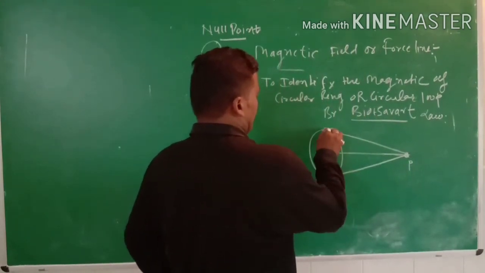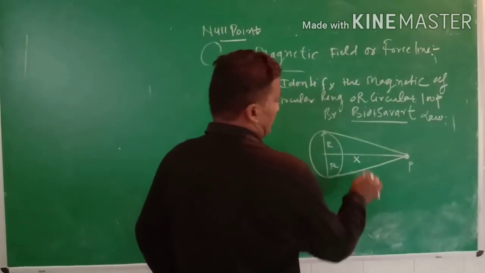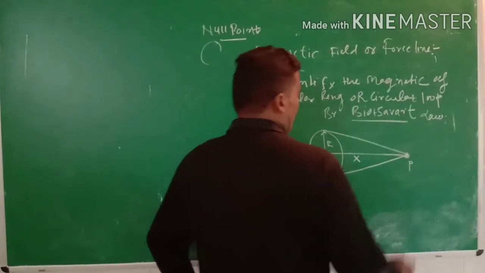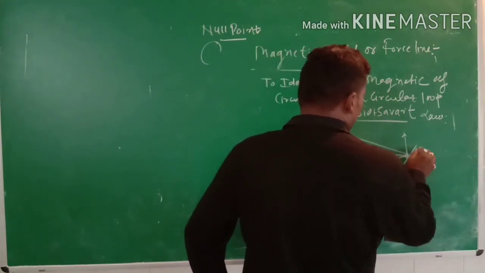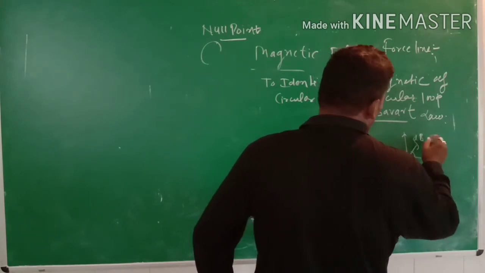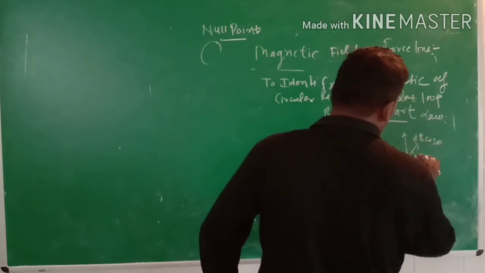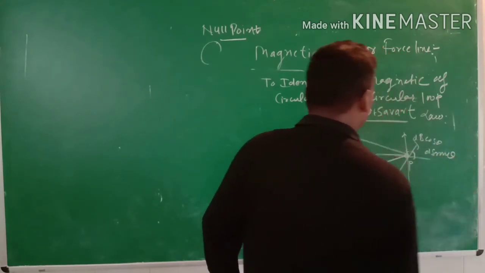If the radius is given as r and the point is placed at distance x, the magnetic field components are dB cos theta and dB sin theta.